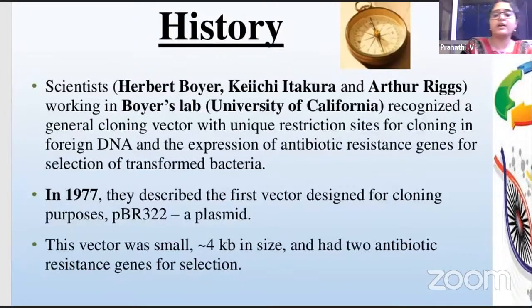So you have Boyer's lab scientists working on research in 1976. You had the first plasmid that was designed, pBR322, around 4 kilobases in size.